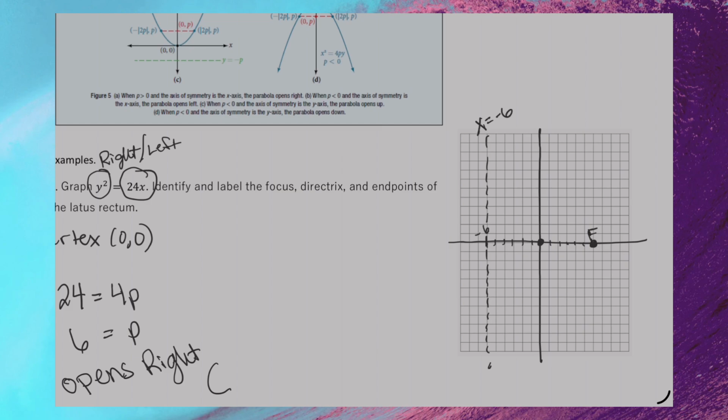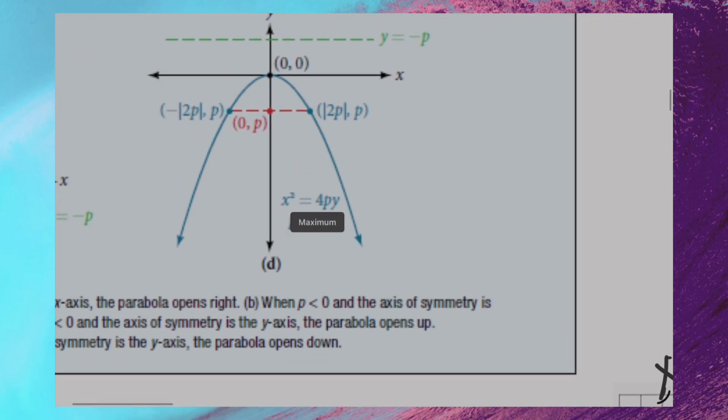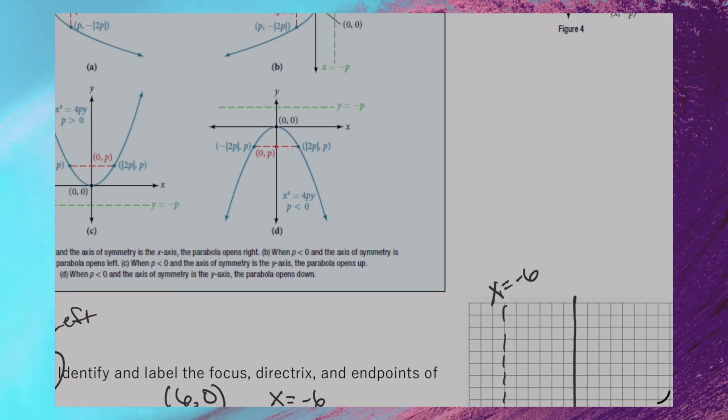All right, so the focus is at (6, 0). The directrix is the vertical line x equals -6. Now let's talk about the endpoints of the latus rectum. I'm going to go back up to our pictures. If we look at this one, what we see in red is the latus rectum. It is a segment that goes through the focal point.